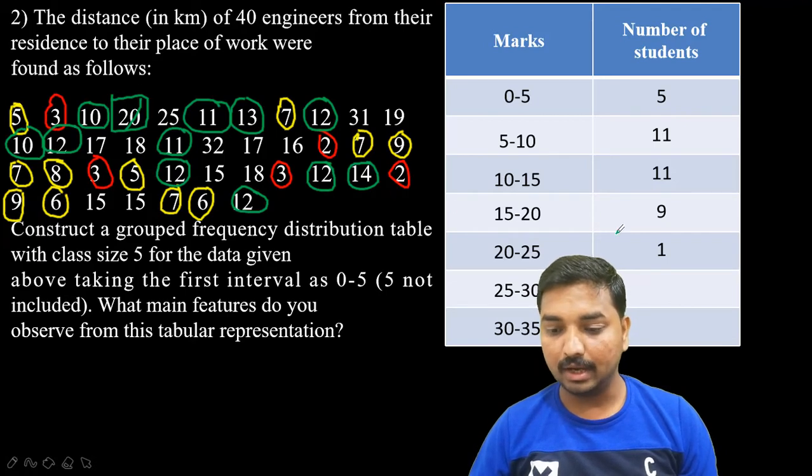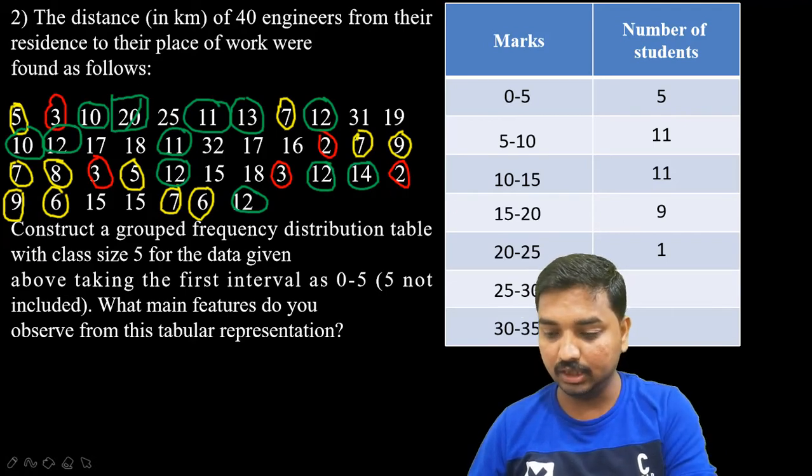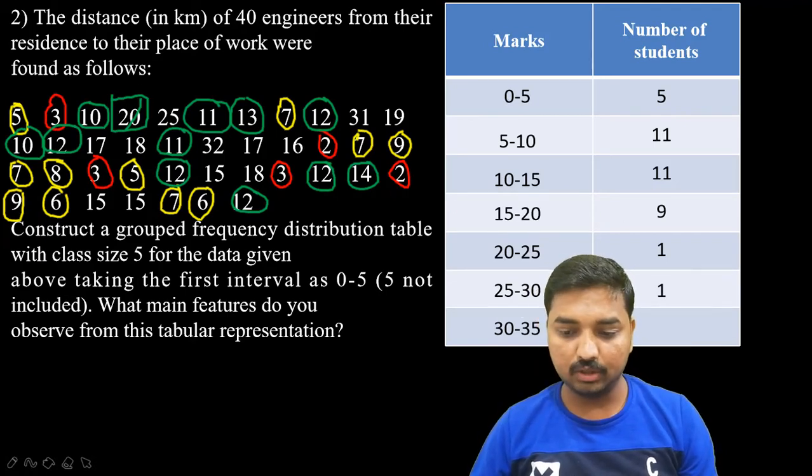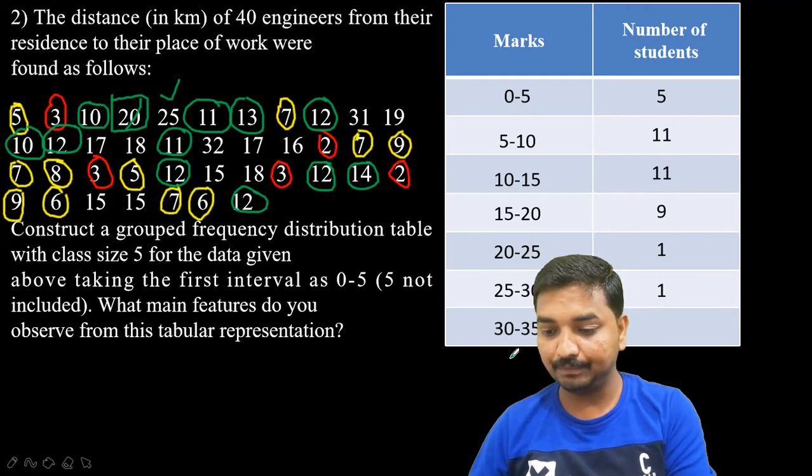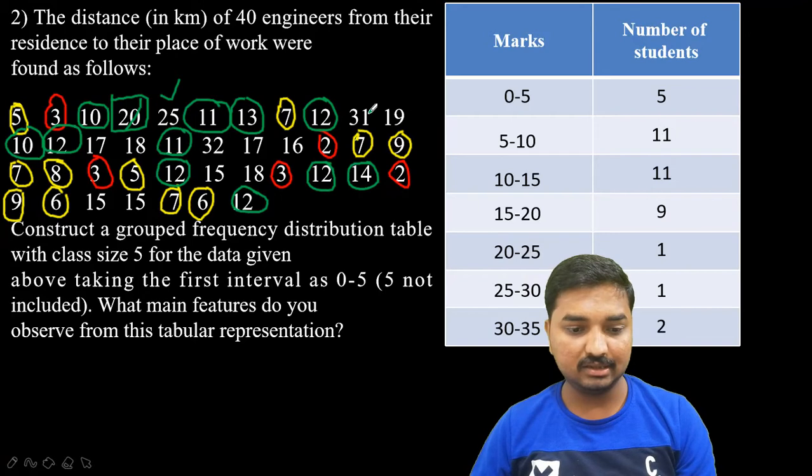So only one data is present. 25 to 30, and it is again equal to 1. Only one means which will be that number? Maybe 25 definitely. This is the number which falls in this class interval. 30 to 35, 2, maybe this one 31, and here it is 32.